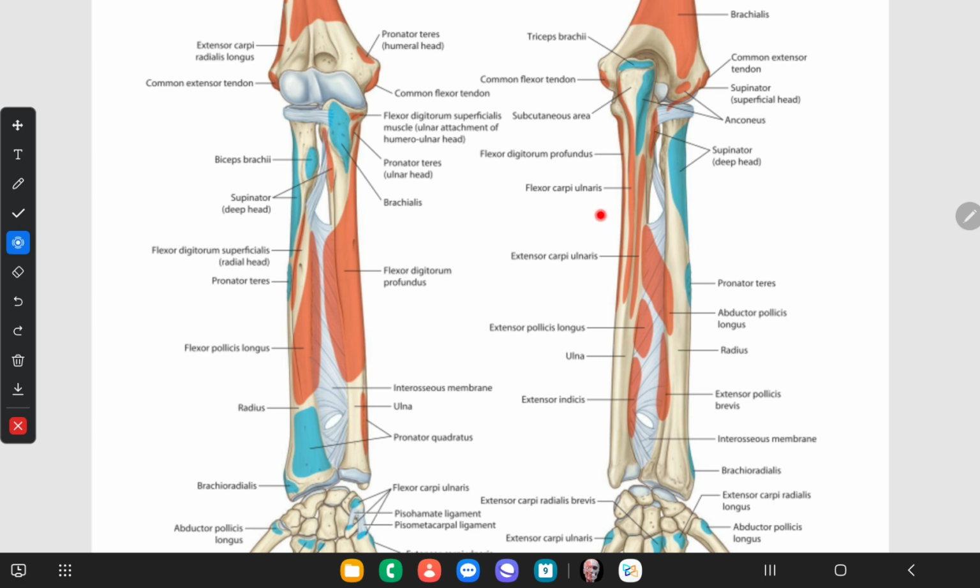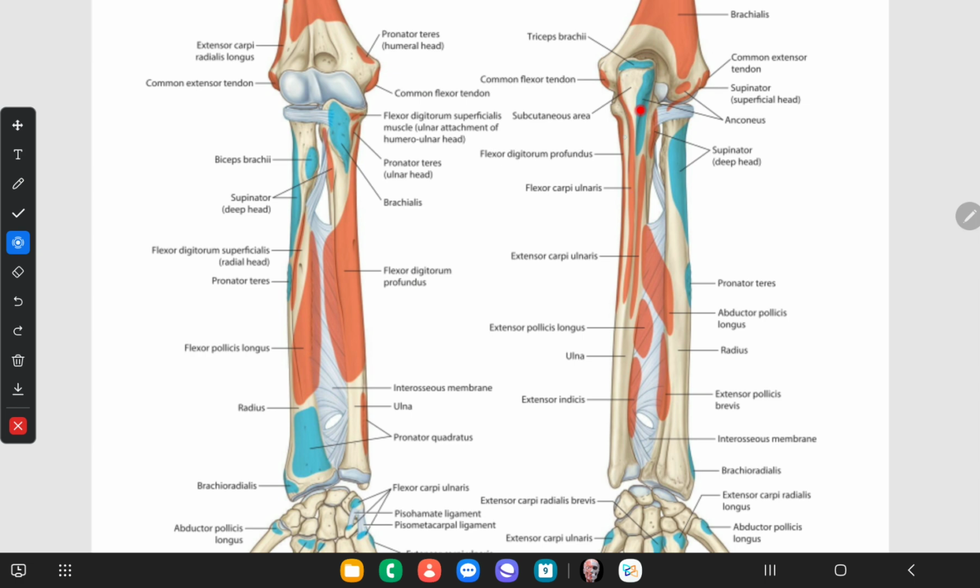You can see the muscle attachments in the posterior aspect of the ulna here. These are the muscle insertions. Here, the triceps brachii muscle inserts to the superior part of the olecranon process, and to the lateral aspect of the olecranon process, the anconeus muscle is inserted.